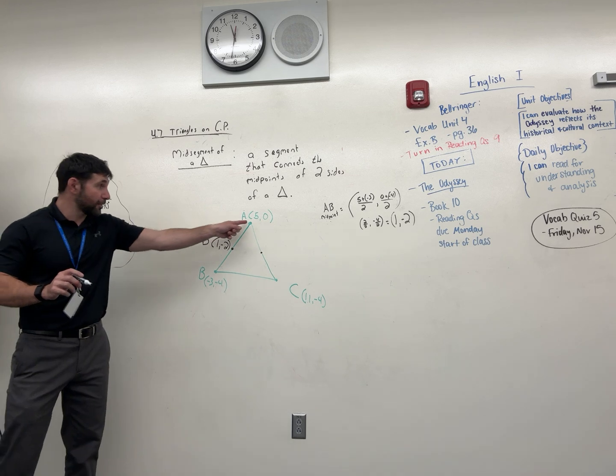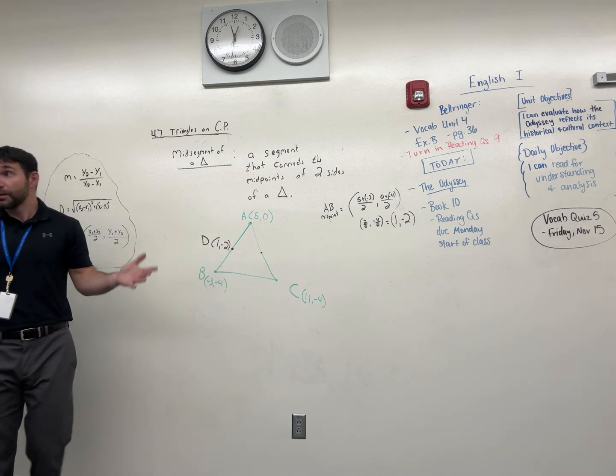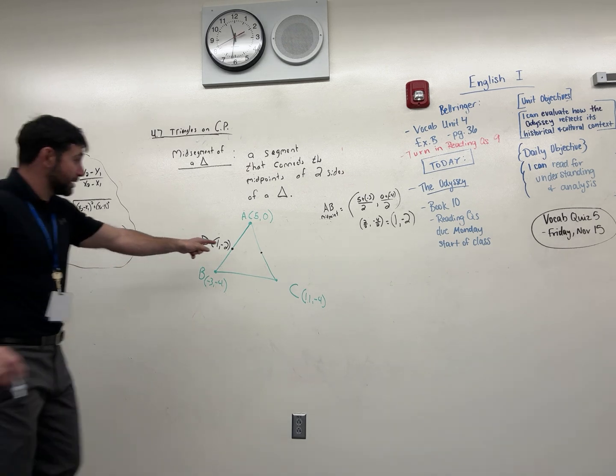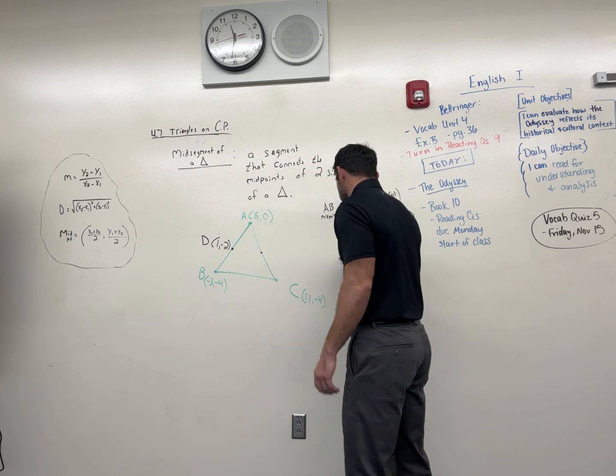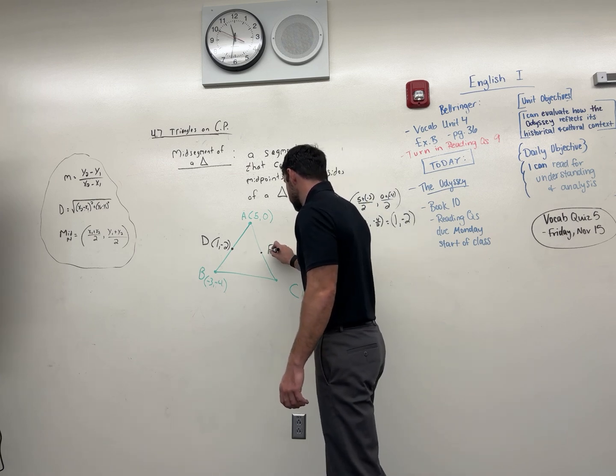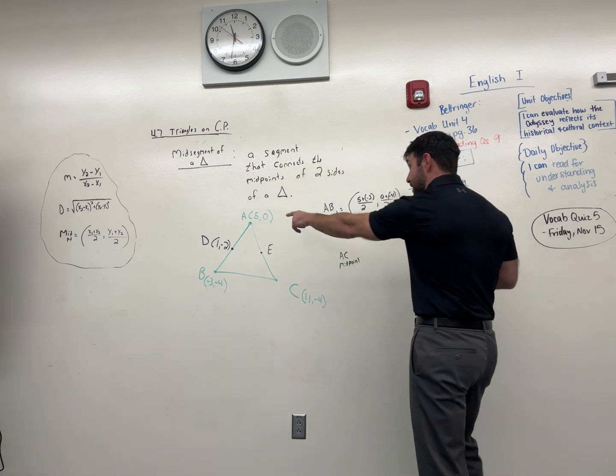So what did I do? I found the midpoint of this segment. That's all we're doing. Midpoint is finding the middle of 2 points. So now we're going to find the midpoint of AC, which let's call E. I'm going to do the same thing.